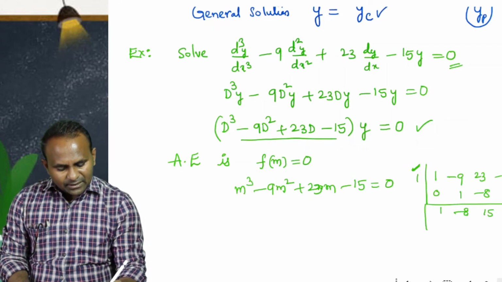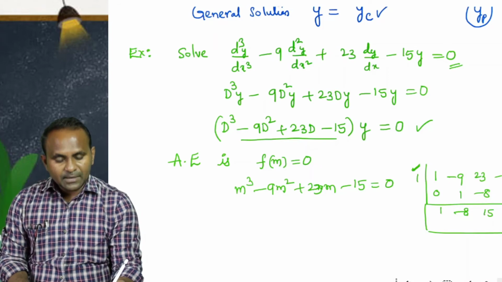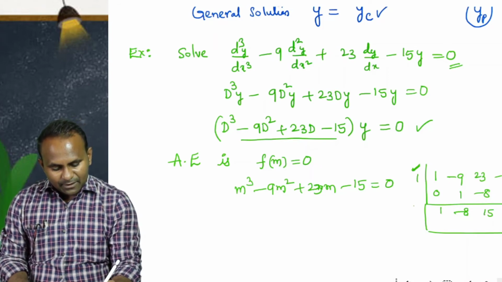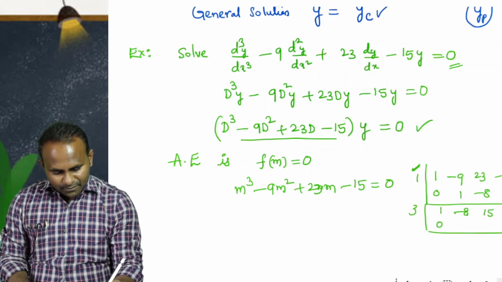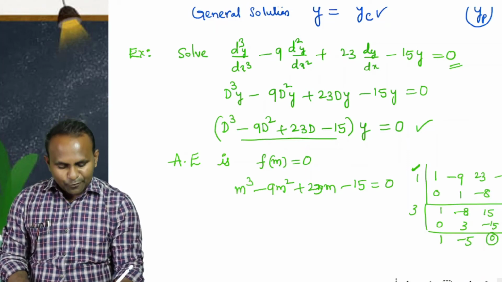And then I'm checking, this is just a quadratic equation, m square minus 8m plus 15 equals 0. For that, you may be thinking that 3 will be a root. I'll check whether 3 is a root or not, which gives minus 5, and the multiplication is minus 15 and is equal to 0. And of course, this is the m coefficient and this is the constant.